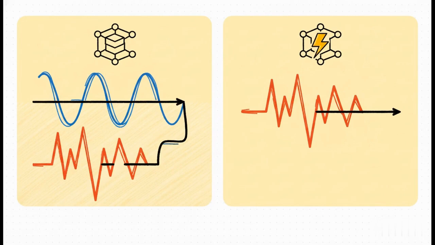For a while, the go-to AI model for this was the Fourier neural operator. It's powerful, but it's got a weakness. It's best for signals that repeat, like a smooth, predictable wave. But now there's a new model, the Laplace neural operator, and it's built on the very ideas we've been talking about. It excels exactly where the other one struggles. It's perfect for handling the messy, start-and-stop, unpredictable signals that we see all the time in the real world.